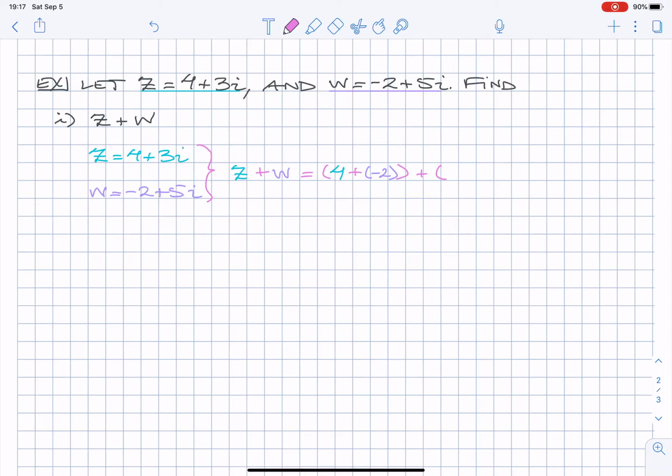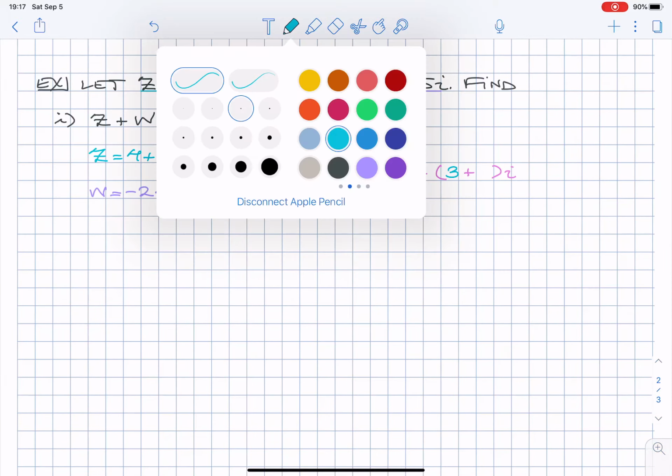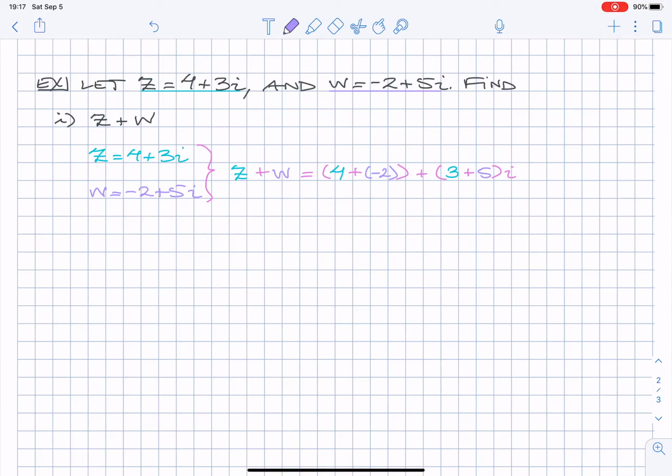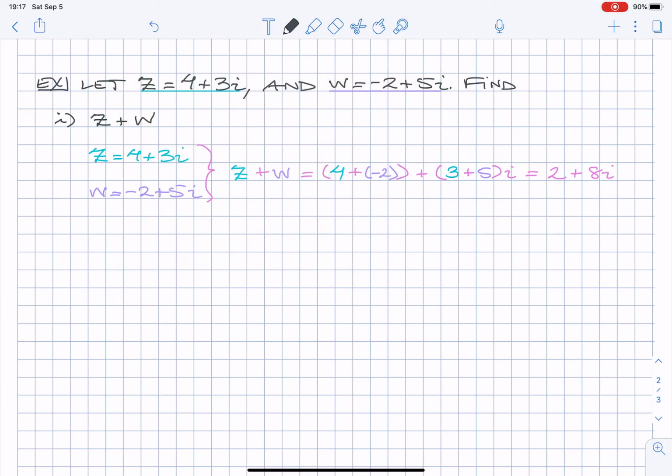So that's going to be 3 plus 5 times i. So this gives us, well, 4 minus 2 is 2, and 3 plus 5 is 8. So 2 plus 8i.